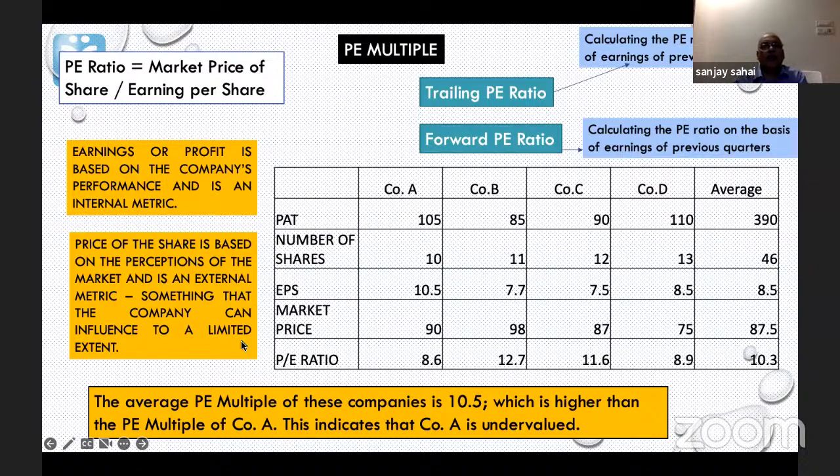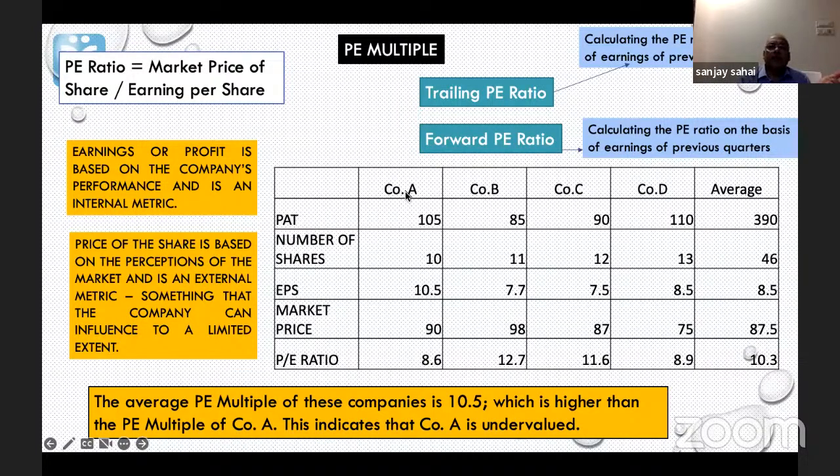Now, in the case of the PE multiple, like we said, the PE multiple is the ratio of the market price of the share and the earning per share of the company. What is earning per share? Basically, it is the profit after tax divided by the number of shares. So I've taken a number of examples here.